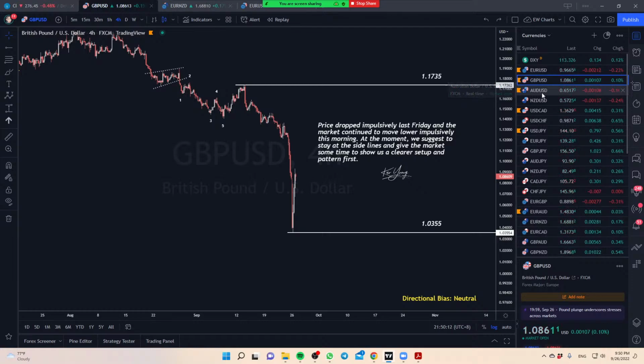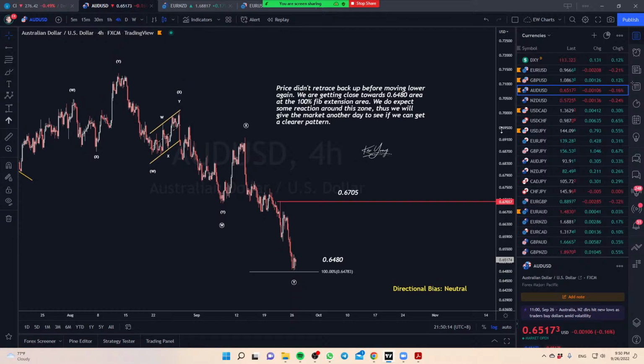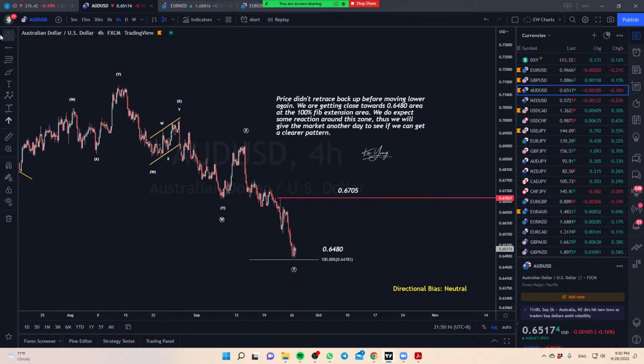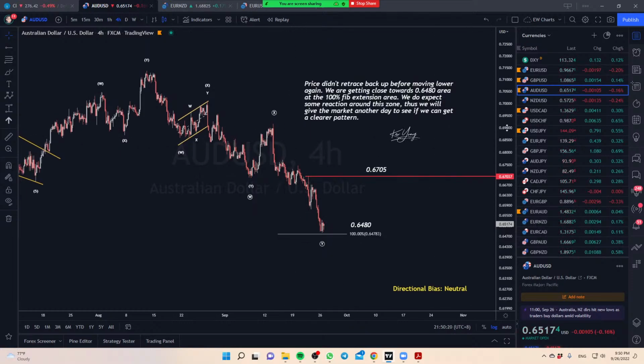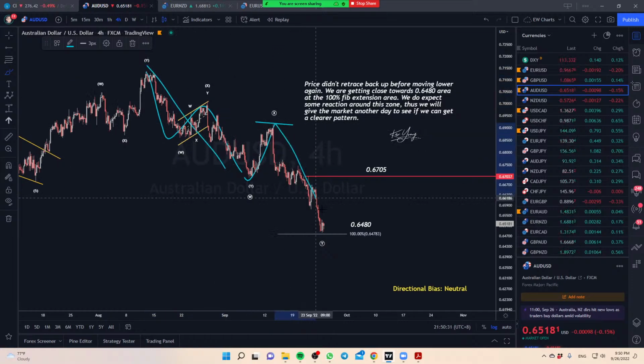Okay. Then we have Aussie dollar. Aussie dollar is also developing a pretty neat structure from an Elliott Wave perspective. We can see that this is a 1, 2, 3, quite clear. We get a very nice bounce coming back to the 50% of this move, and then we had another move down.